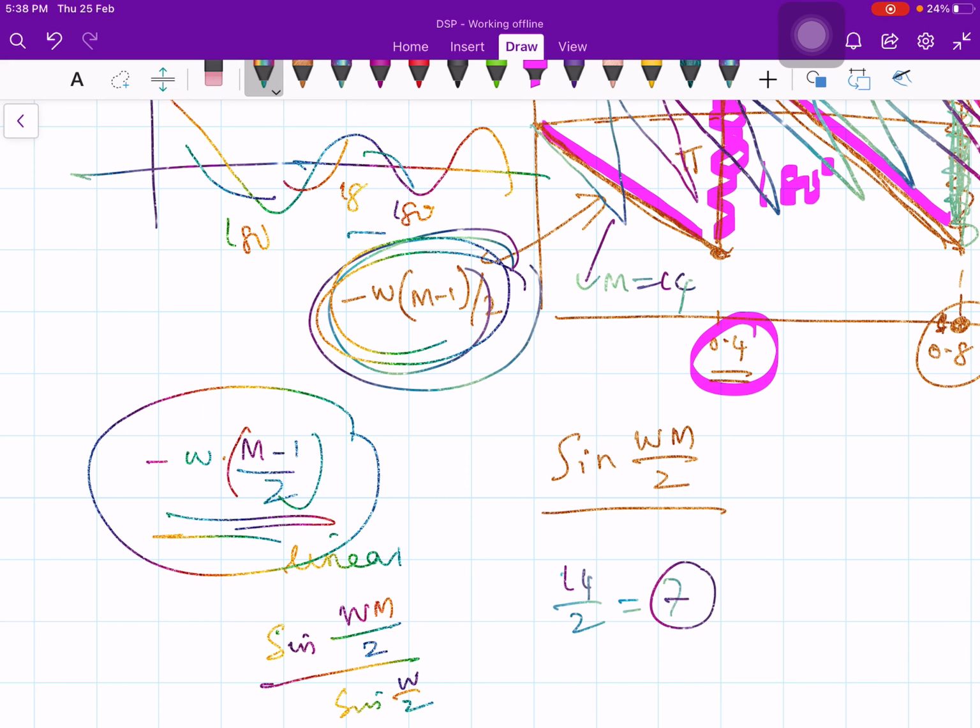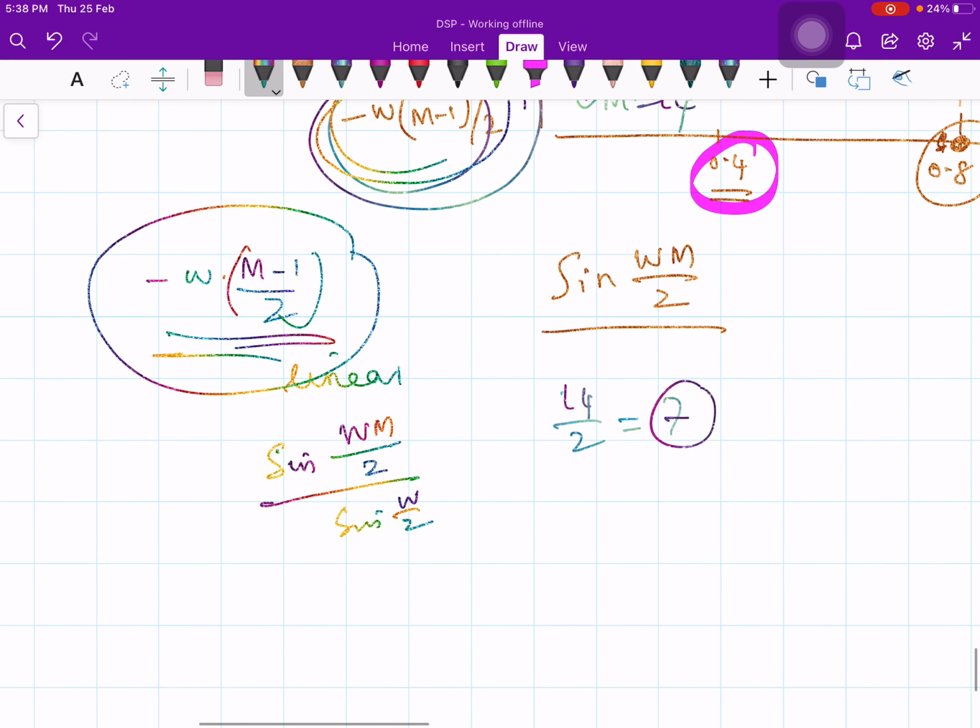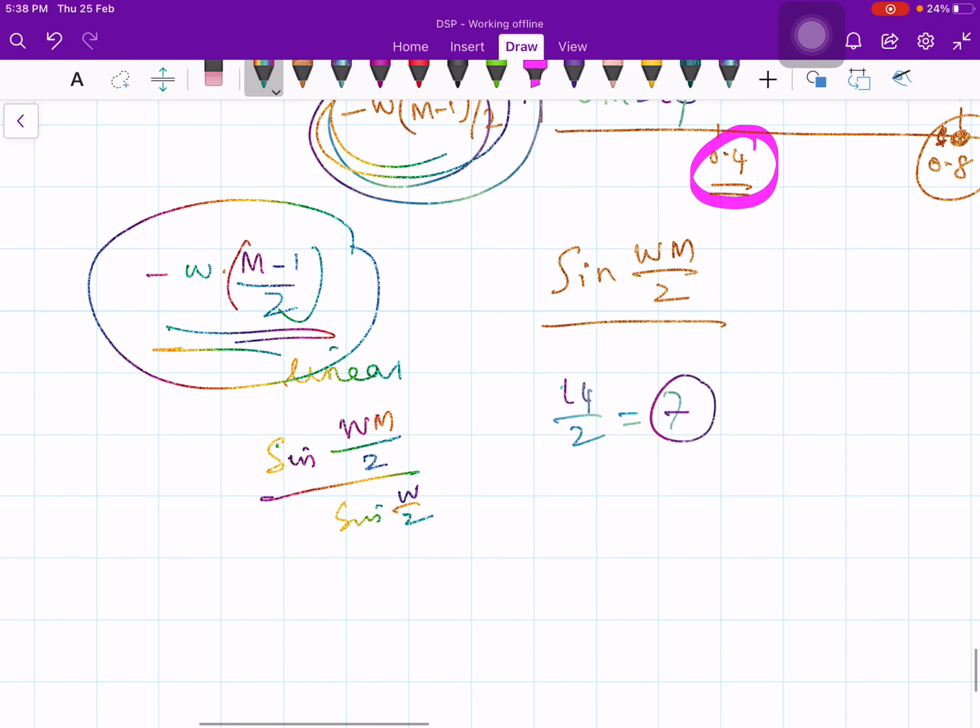Whenever it crosses the 0 axis, there is a phase shift of 180 degree. When will it cross the 0 axis? At 2 pi by M, and then 4 pi by M, and then 6 pi by M, and so on and so forth. 0 to 2 pi by M, no phase transition, it is positive. Okay, 0 degree phase transition.